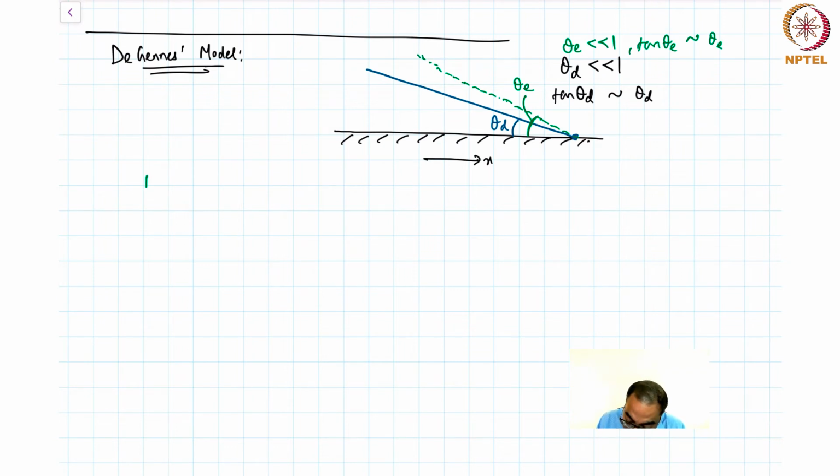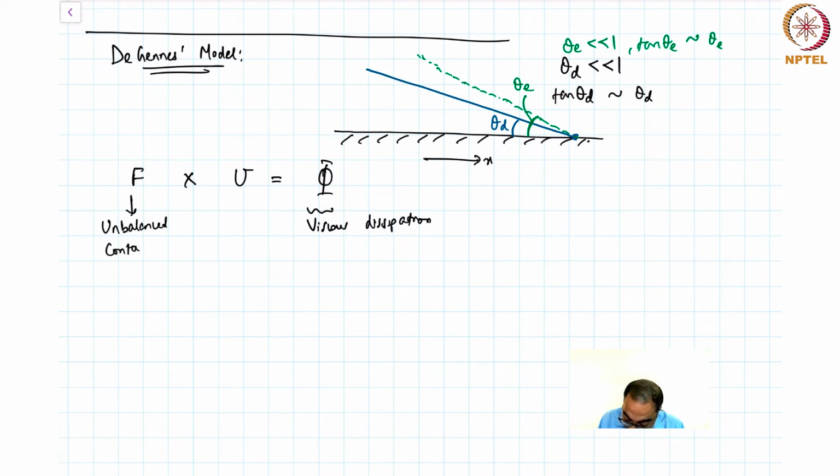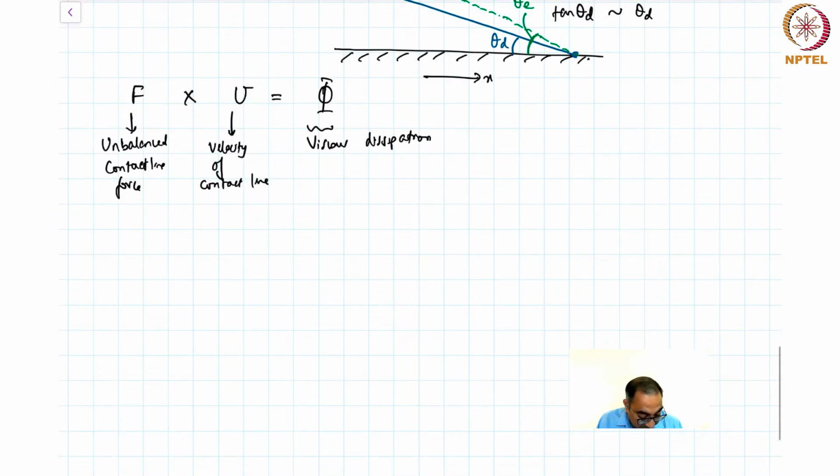So in other words, I can simply say F times U equals phi, where phi is the viscous dissipation, F is the unbalanced contact line force, and U is the velocity of the contact line.